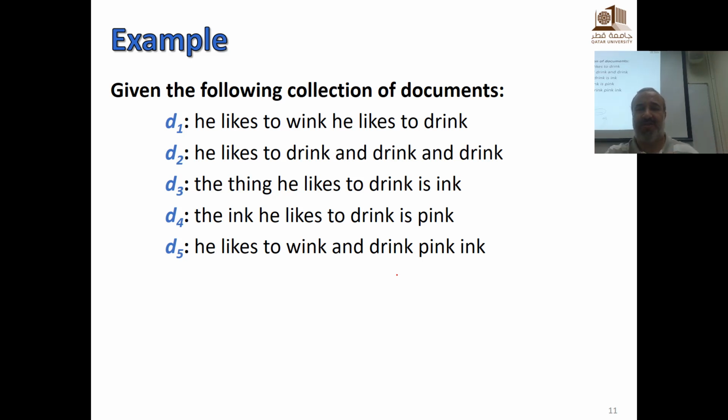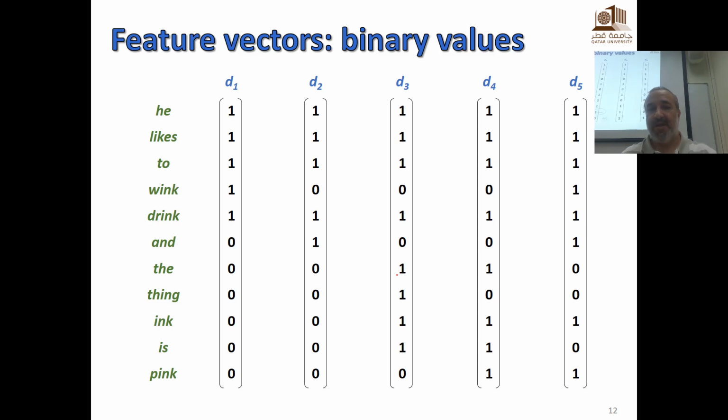If you count the unique words here, I think there are 11 or 12. So if we want to represent just these 5 documents, we'll have a feature vector for each document, and the length of that vector will be, let's say, 12, because we have 12 different words here.